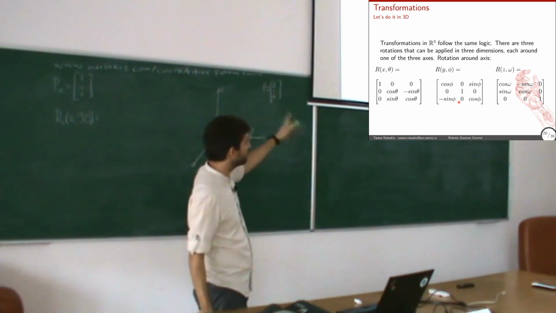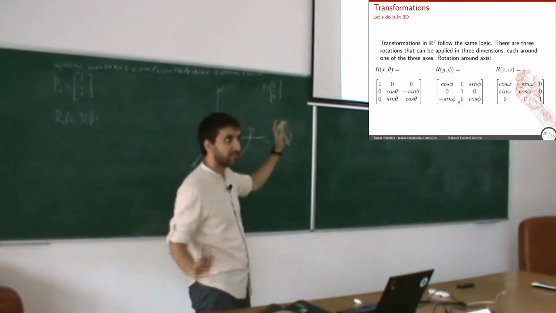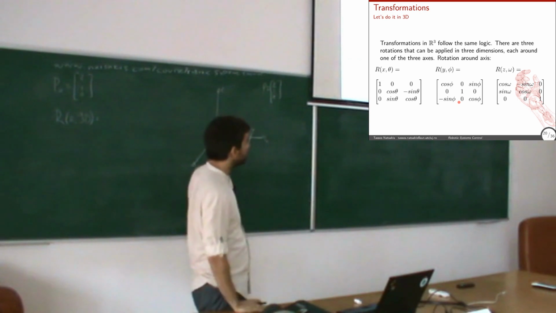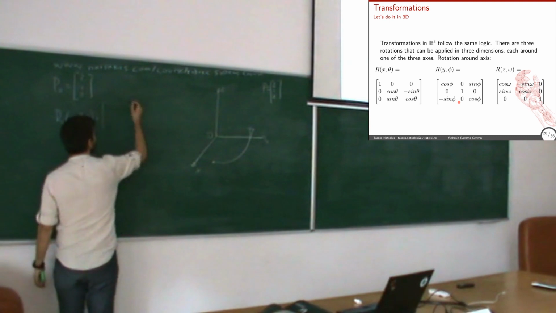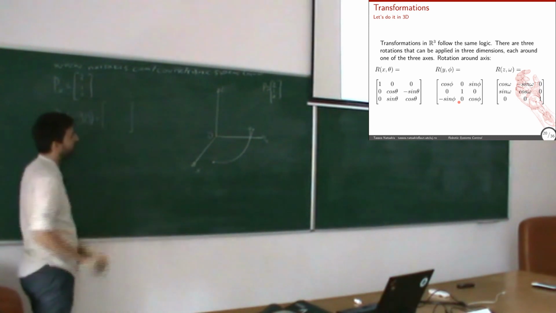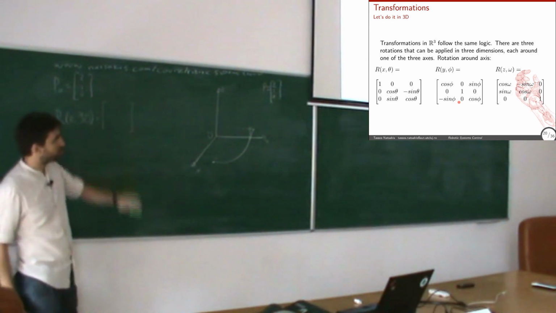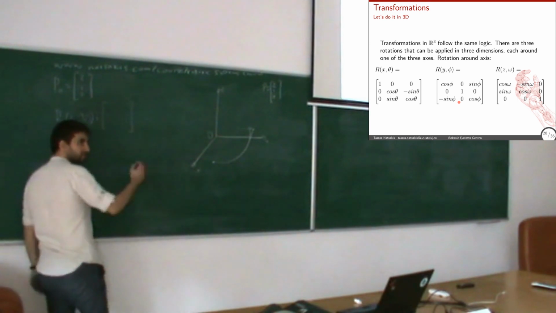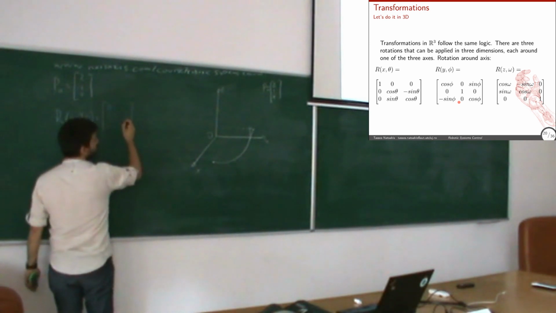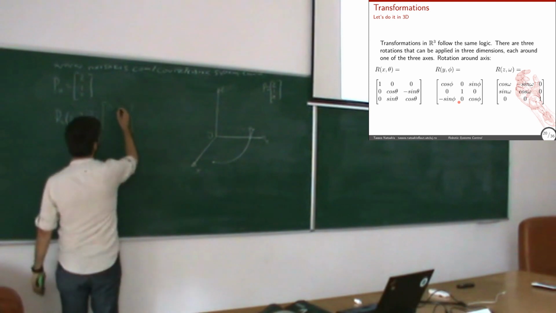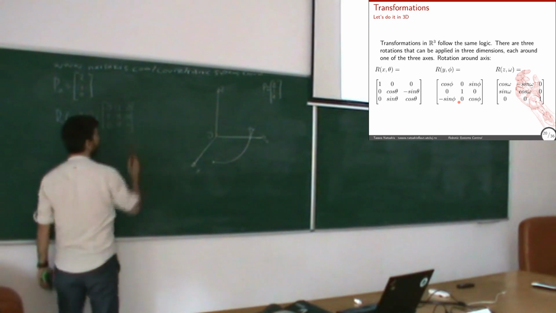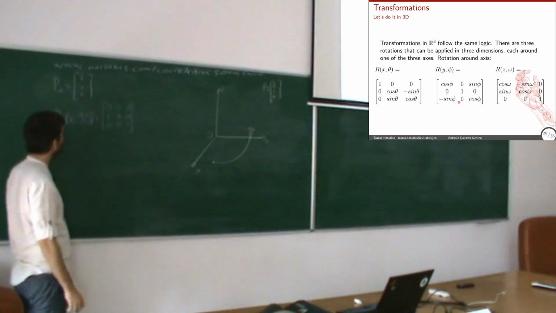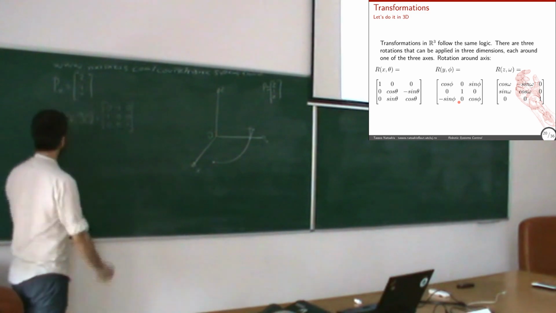The last one, because it's a rotation around Z. Now, if the angle is 90, what is cosine of 90? 0. Sine of 90 is 1, so minus sine of 90 is minus 1. So the matrix is 0, minus 1, 0; 1, 0, 0; 0, 0, 1. Good. Let's multiply this with this.